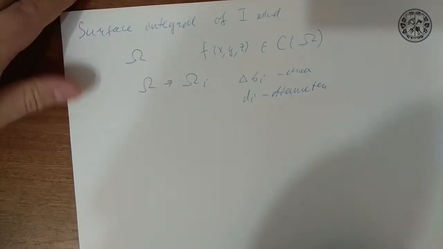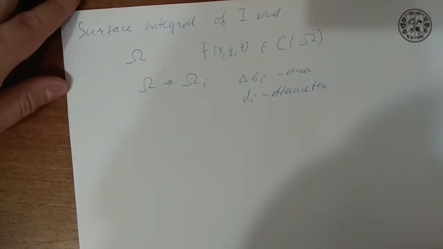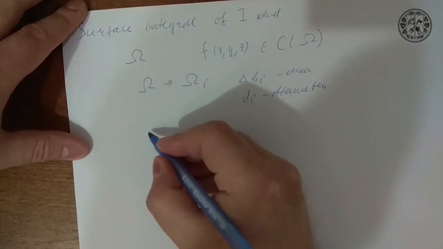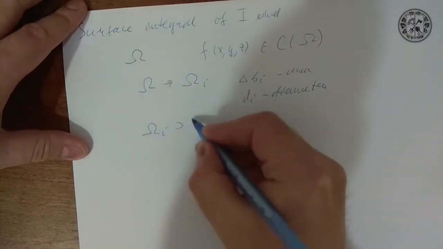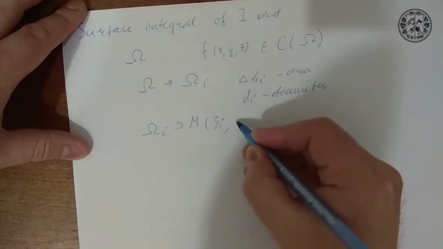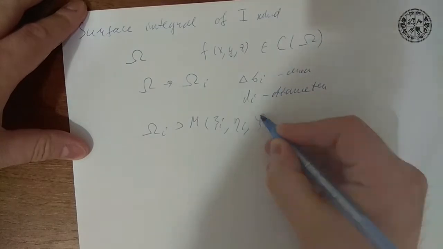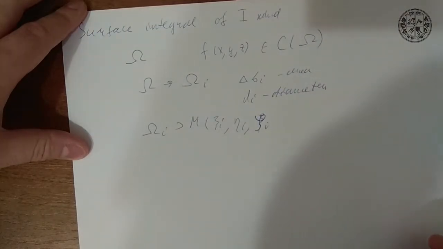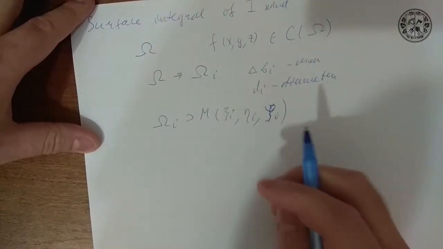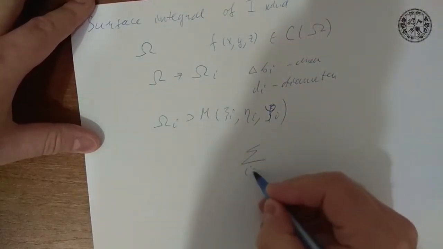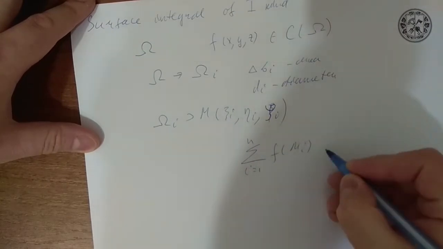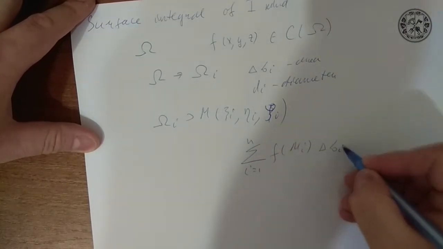And inside each piece omega i, we select an average point M i with coordinates psi i, eta i, phi i. And then we form an integral sum, sum from i equals 1 to n of f of M i times delta sigma i.